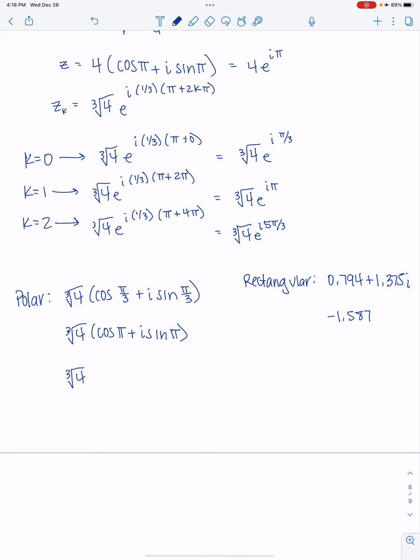And the cube root of 4 times cosine of 5 pi over 3 plus i sine 5 pi over 3. And the rectangular form comes out to be 0.794 minus 1.375i. And that is all the examples for today.